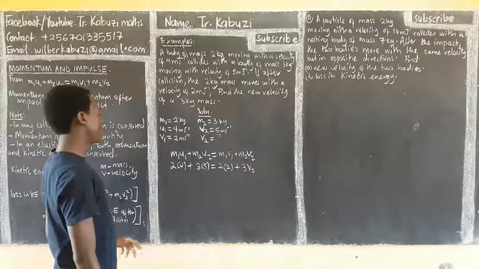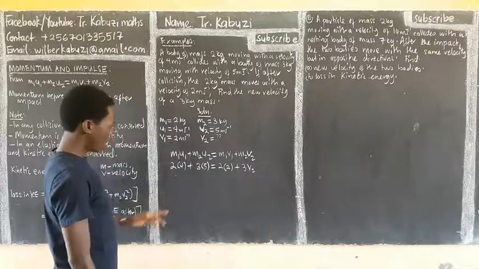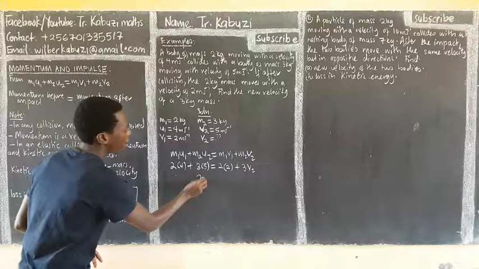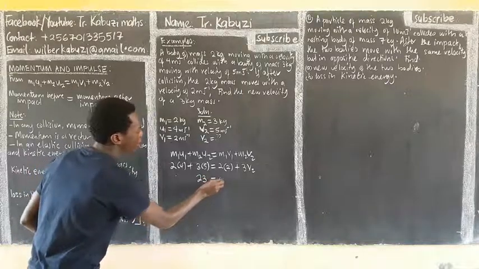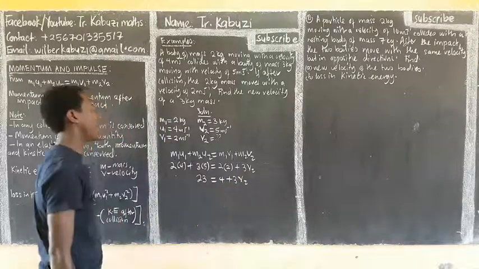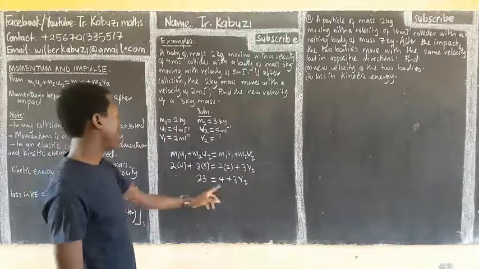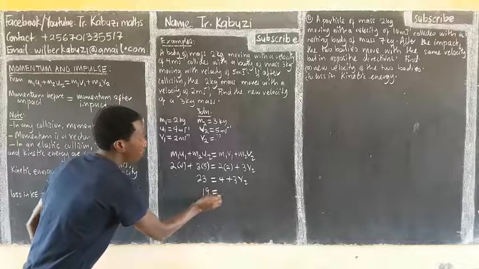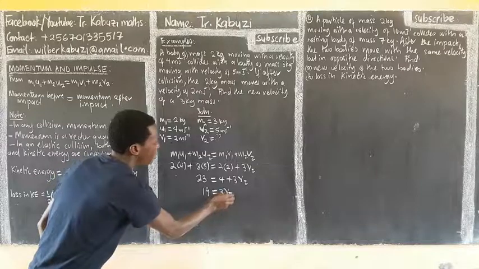So this is 8 plus 15, that's 23. Here we have 23 equaling 4 plus 3v2. After bringing this aside, I get 19 equaling 3v2.